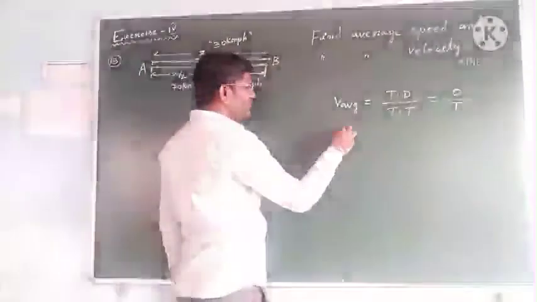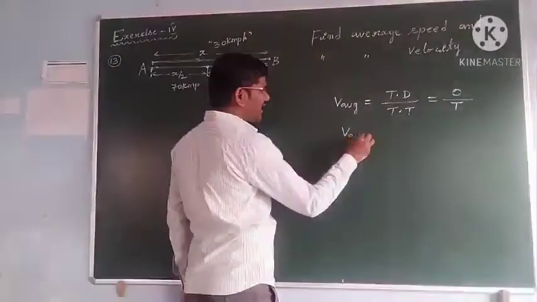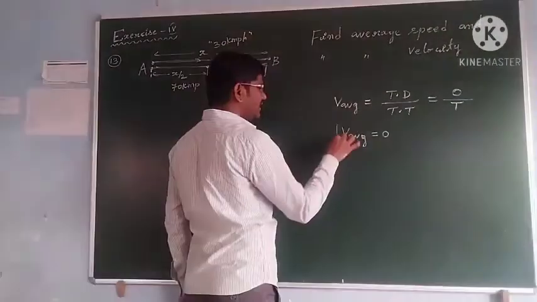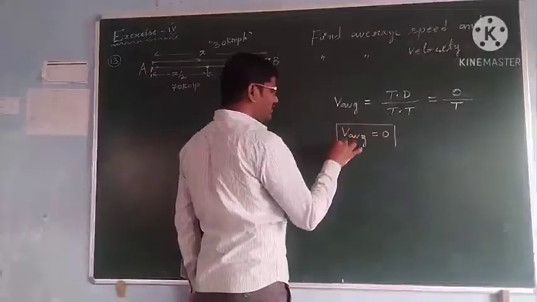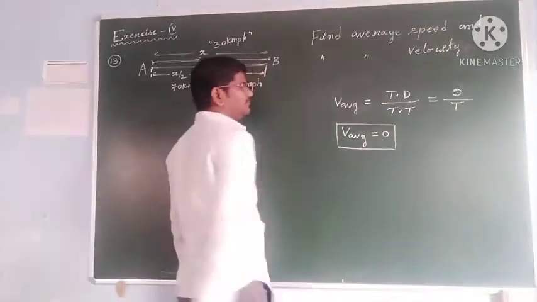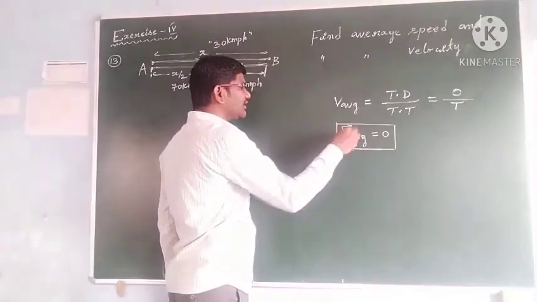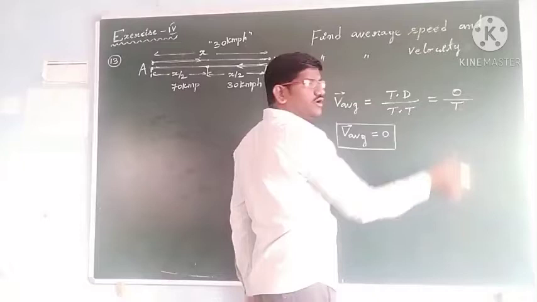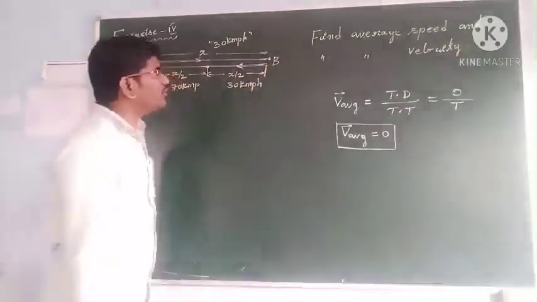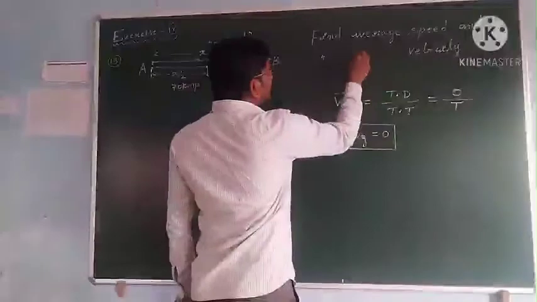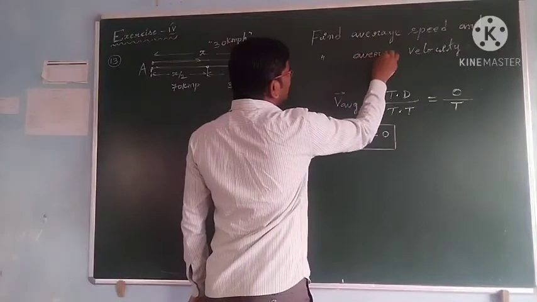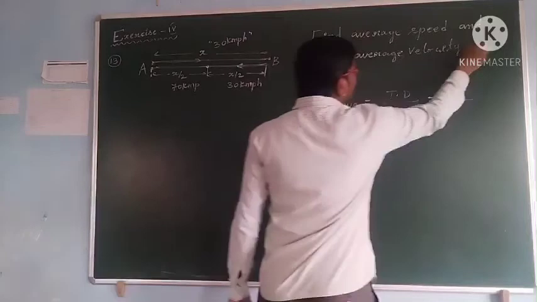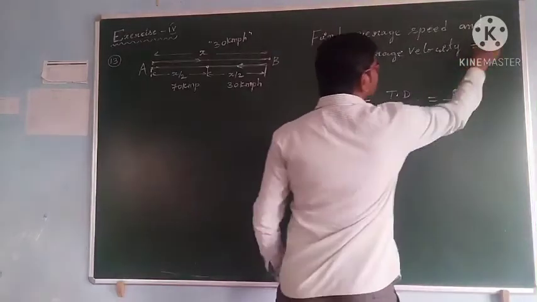So average velocity is equal to 0. This is a vector quantity. Since displacement is 0, average velocity is 0. Okay, so that is over. We have found the average velocity.